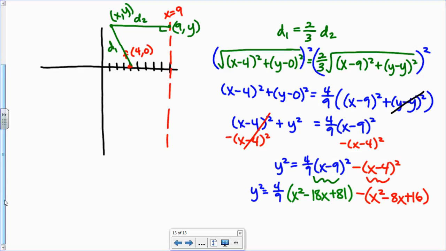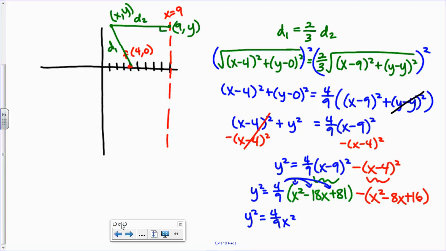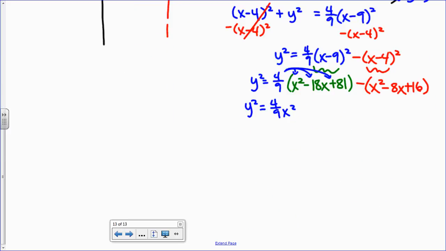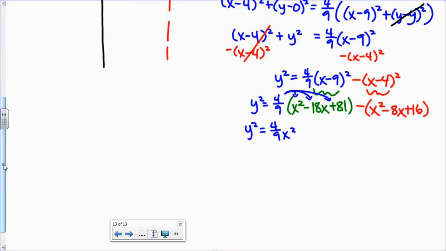Okay, so let's distribute. I'm going to distribute 4/9. So that's 4/9 x squared. And you want to do 4/9 times negative 18x, and we get what? 4/9 times negative 18 is negative 8. 4/9 times 81, 36.